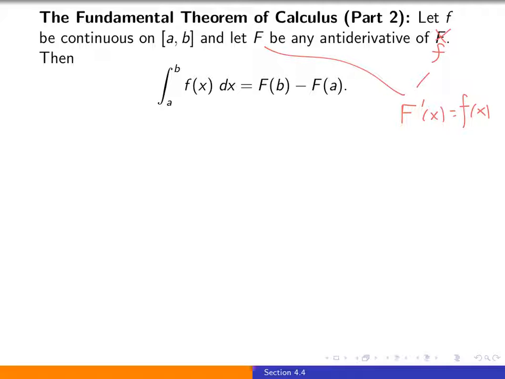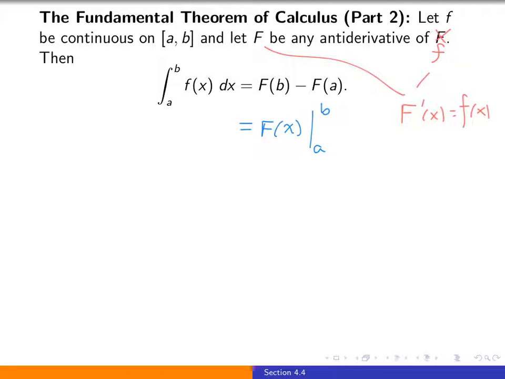So if you can come up with any antiderivative that you would like, this big F, then the value of the definite integral is going to be that antiderivative evaluated at the number b, the right-hand endpoint of the interval, and then we subtract away the function F evaluated at a, the left-hand endpoint of the interval. And some convenient notation is that oftentimes we will denote this as F of x, and then we put a vertical bar and we go from a to b.